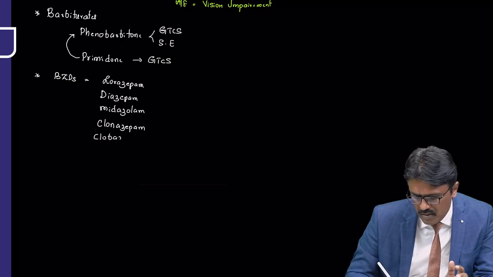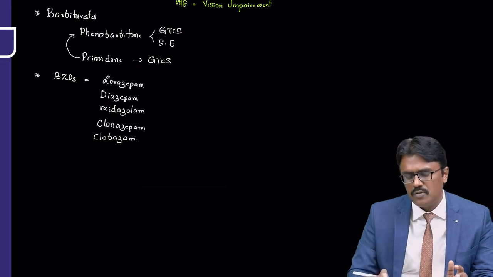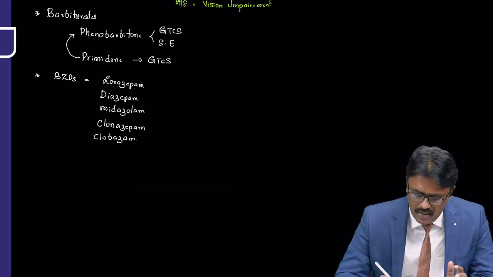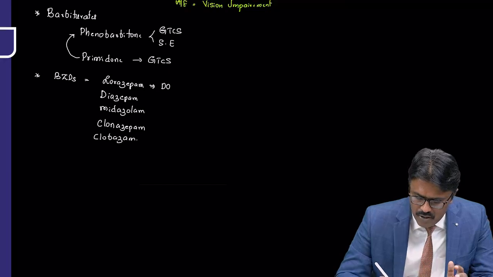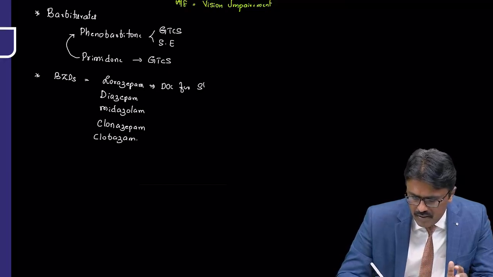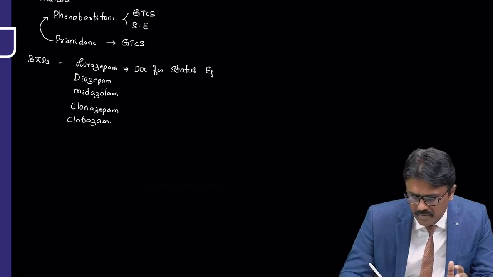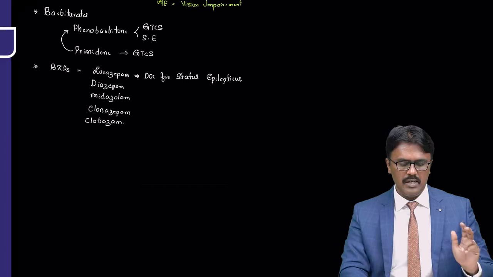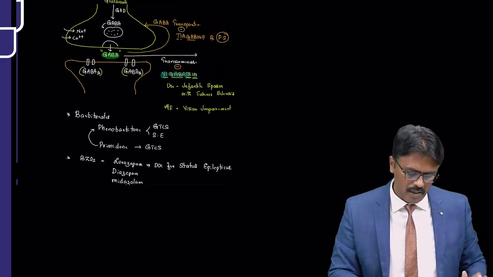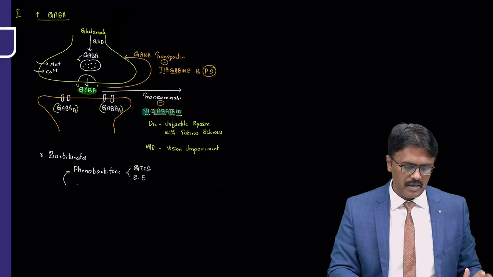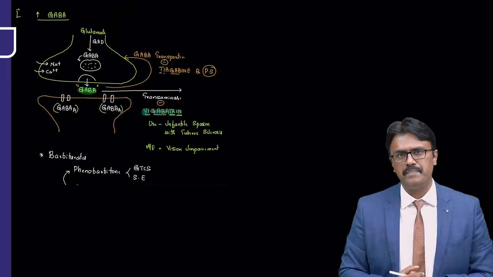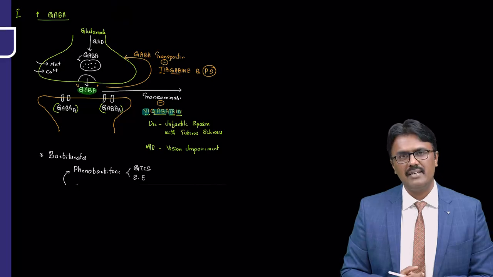So these are the drugs which are used in the management of epilepsy, and lorazepam is a drug of choice for status epilepticus. So these are the drugs which play a major role in the management of epilepsy by increasing the activity of GABA. So we're done with the second target.